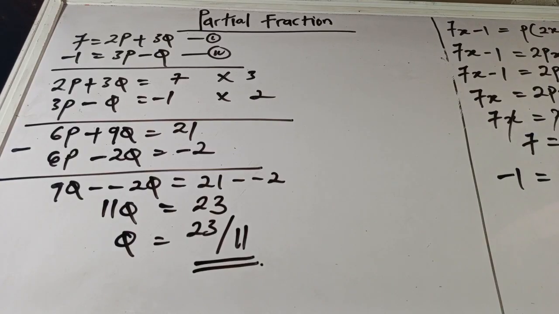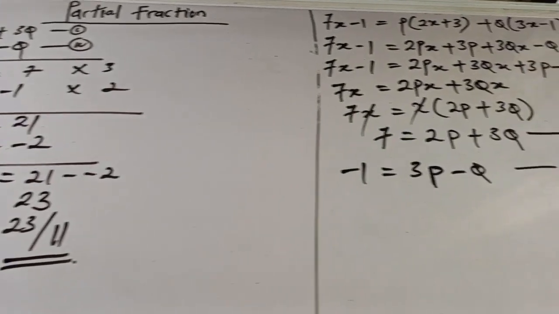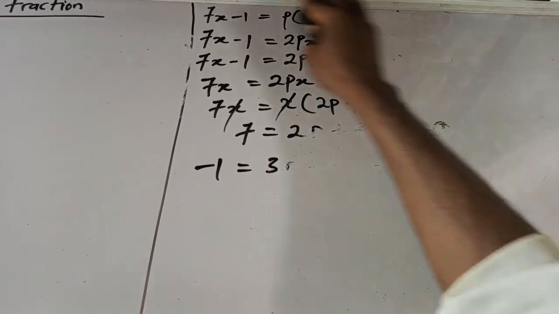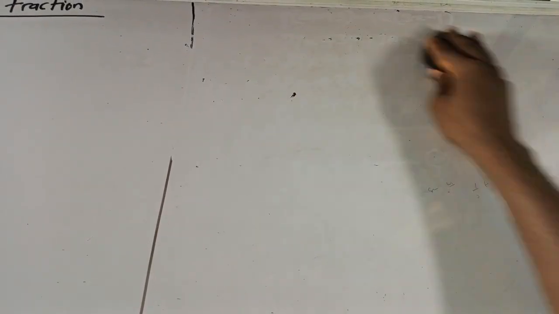So my q is 23 over 11. So let's move to the other side and see how we can solve for my p.